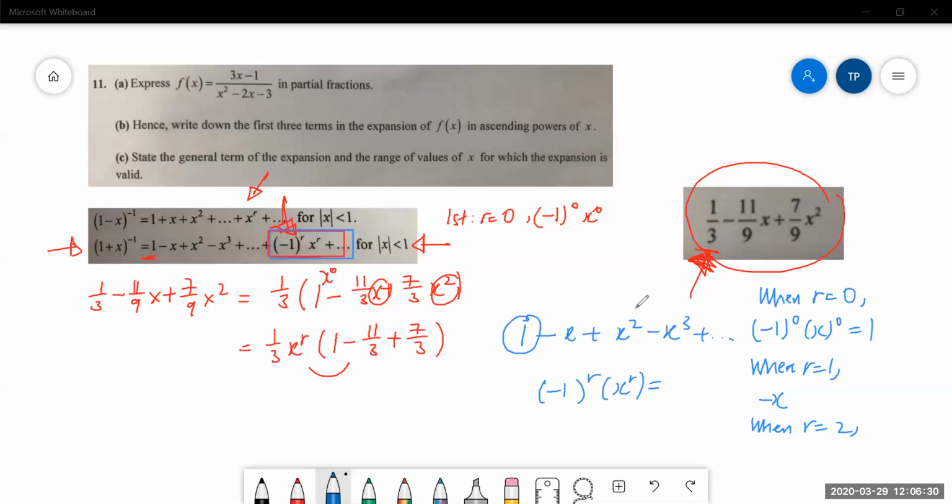Correct. That's why this general formula fulfills every single term in this expansion. Understand?